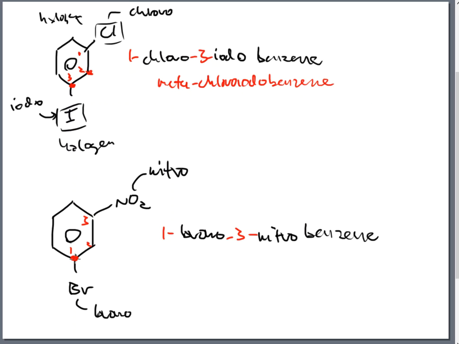There's my bromine. So this is the O, M. So this is also the meta-bromonitrobenzene. If I don't want to use the word meta, I could also just write the letter M, and that is what that stands for.